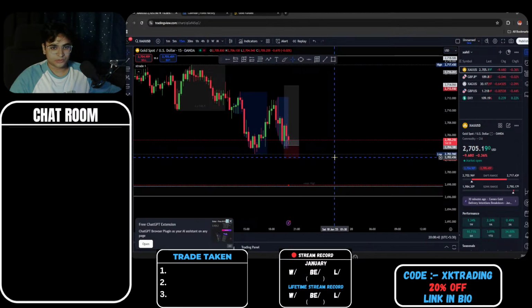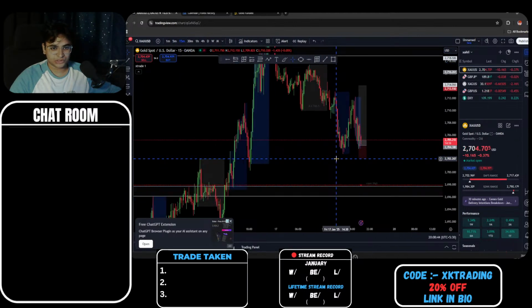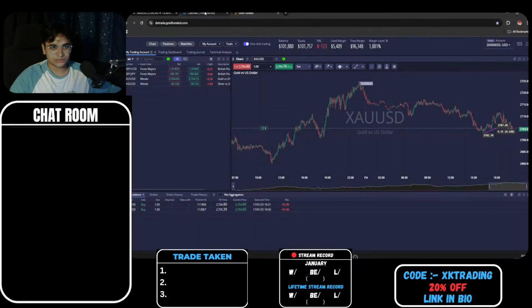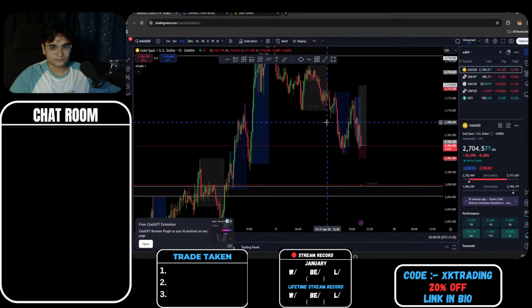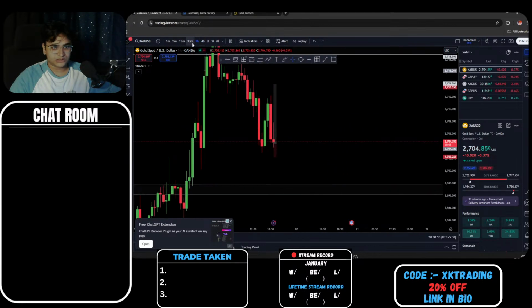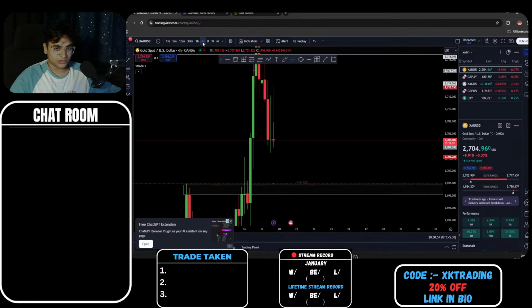So I think once we break below these levels, I should close all the positions and wait for price to react on that. What do you think, guys? I think the only reason we have an open position right now is because this 4 hour can flip bullish.